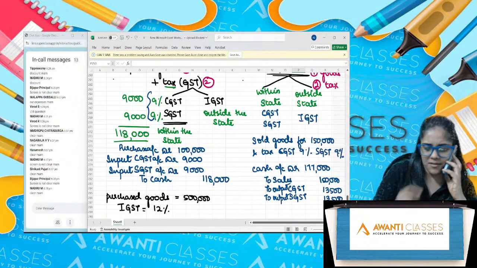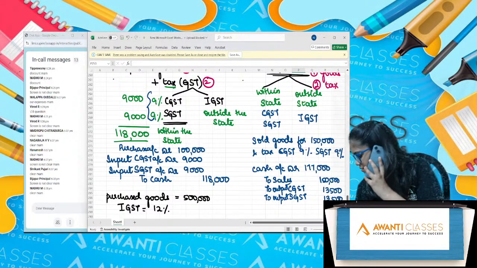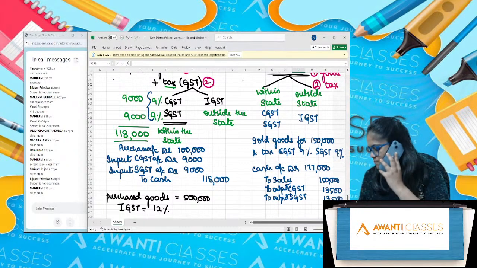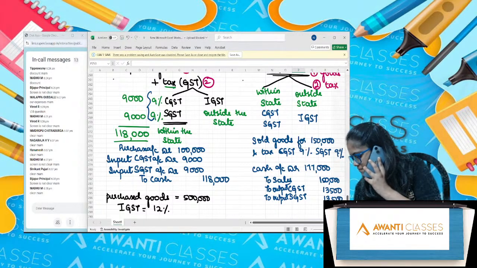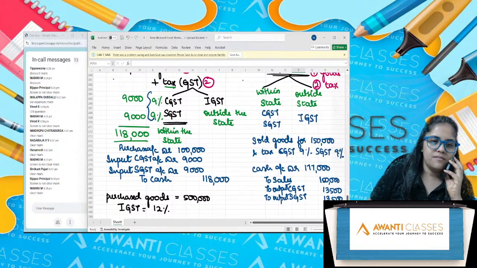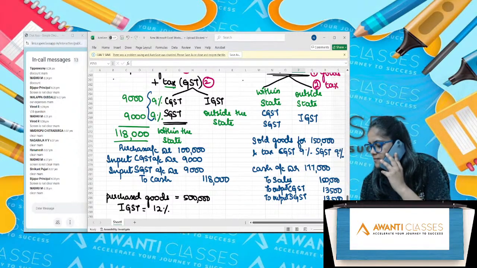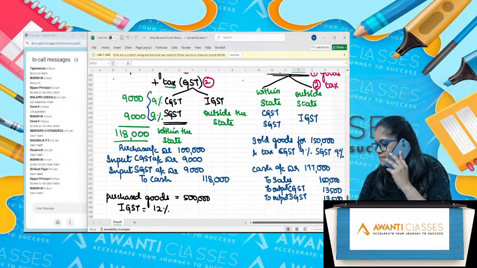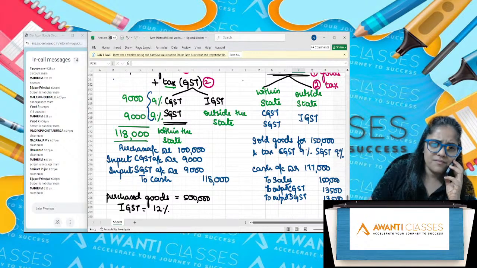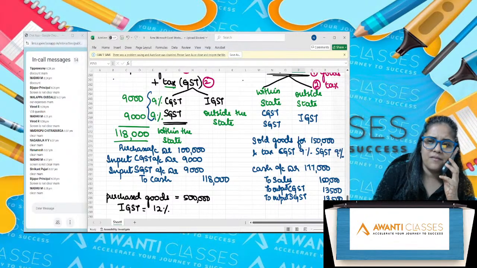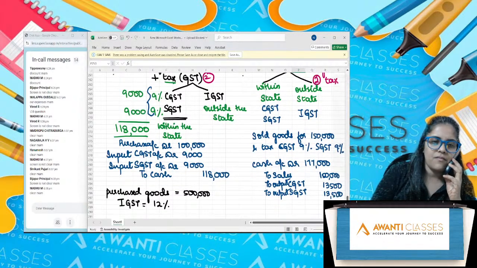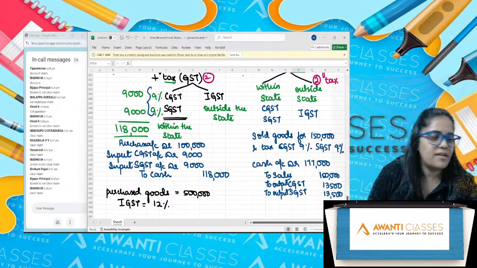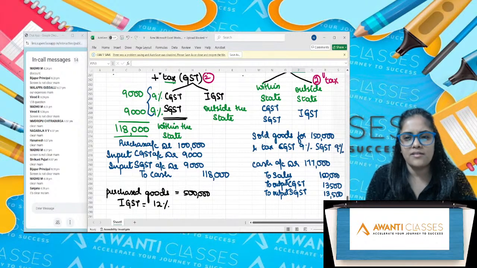Screen clear, not clear? Okay. It's clear. My backend team has just logged in and checked. Yes, so it is clear.